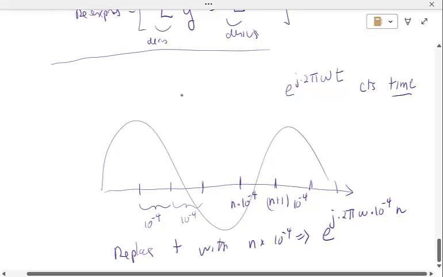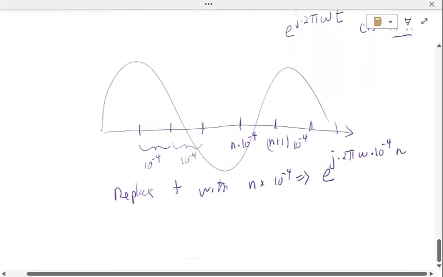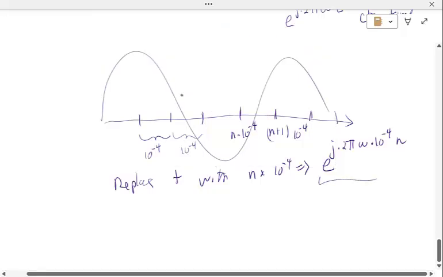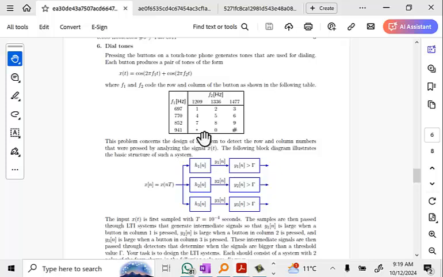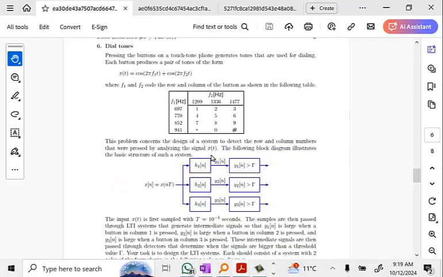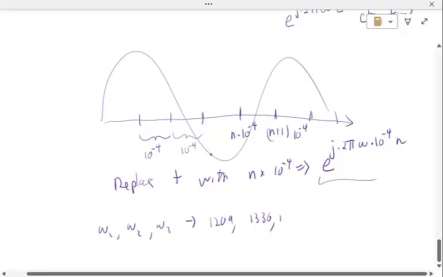Okay? So in this problem, those are the discrete frequencies that you're going to be looking at. For example, we have omega 1, omega 2, omega 3. The values for these three omegas are 1209, 1336, and then the last one was 1477.